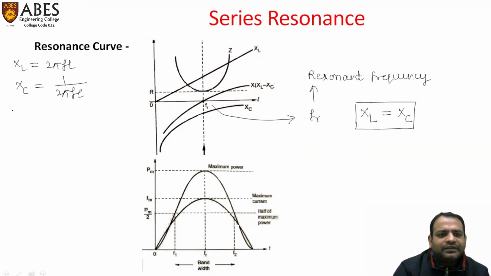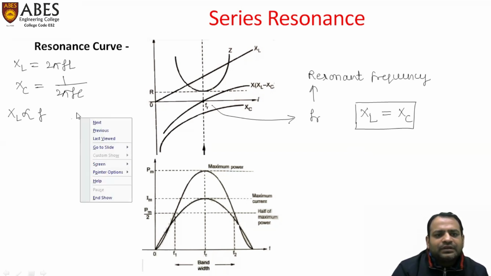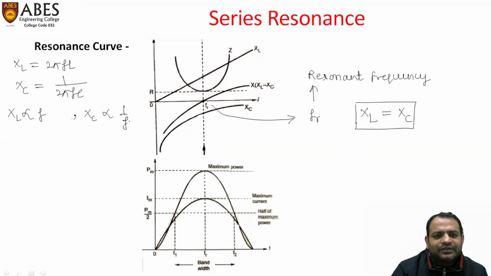So if we are thinking about the relationship between XL and frequency, which is proportional, and XC and frequency, which is inversely proportional. So if frequency is increasing, XL is increasing, and if frequency is increasing, XC is decreasing.